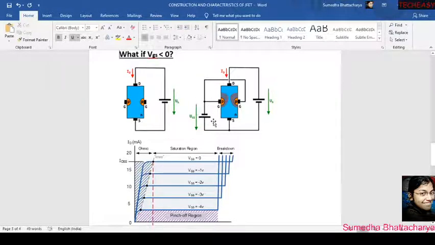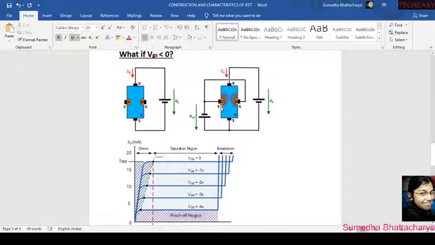Here G is at 0 potential and N is at higher potential. For the same reason, the depletion region will be very high here, and on the other side the depletion region will also be created, but not as much. The depletion region will be created like this.